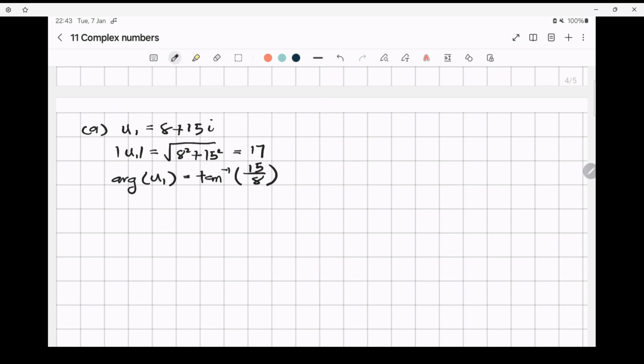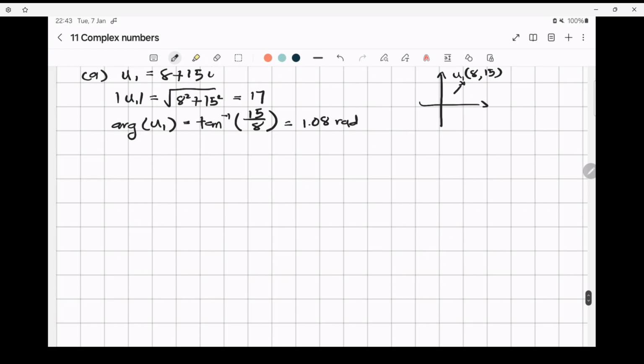So you calculate this using radians. So in the end, you would get around 1.08 radian. So this is less than pi, so we just accept it as it is. Okay. So roughly speaking, this will be U1. So from minus pi to pi, meaning you turn around here and you turn around here. So in this case, we can just use the positive angle.